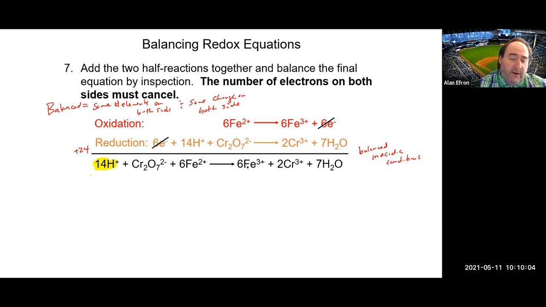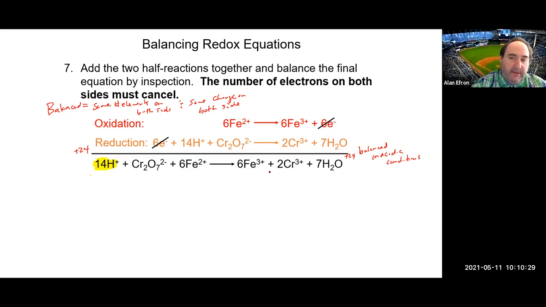The overall charge on the right-hand side is 6 times 3, which is plus 18. Plus 6 more is plus 24 on the right-hand side. So this is balanced correctly both ways, number of elements and also the overall charge on each side. Any questions on that?